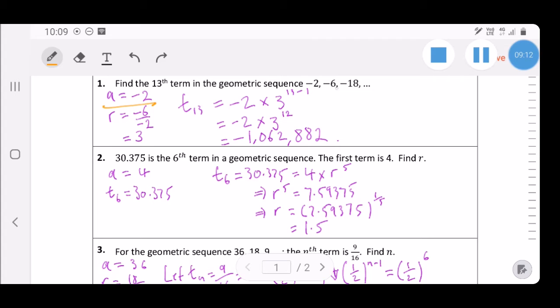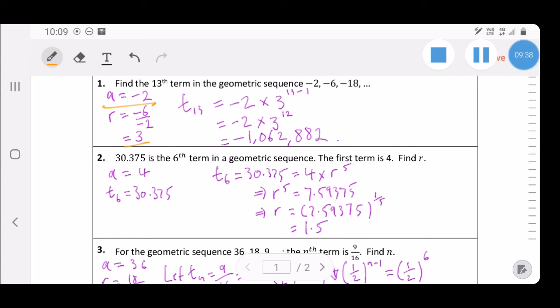So we want to do T2 divided by T1. So minus 6 divided by minus 2, which equals 3. And if you do T3 divided by T2, minus 18 divided by minus 6, so long as it's a geometric sequence, then you'll get the exact same thing, okay? You'll get 3.